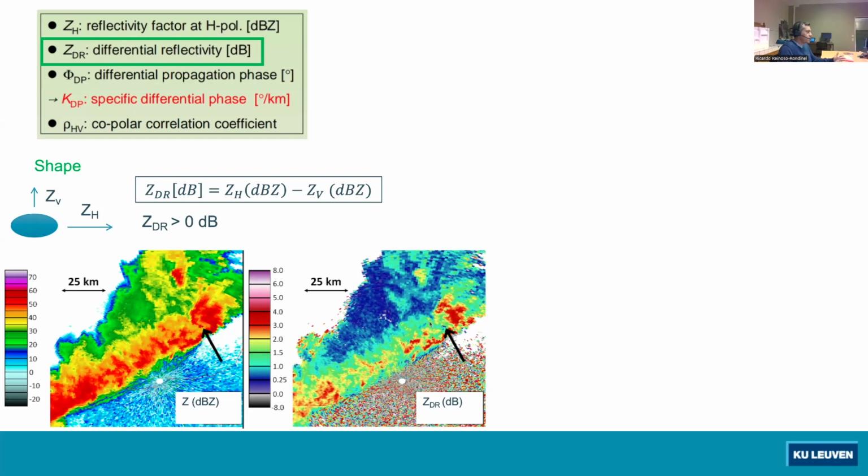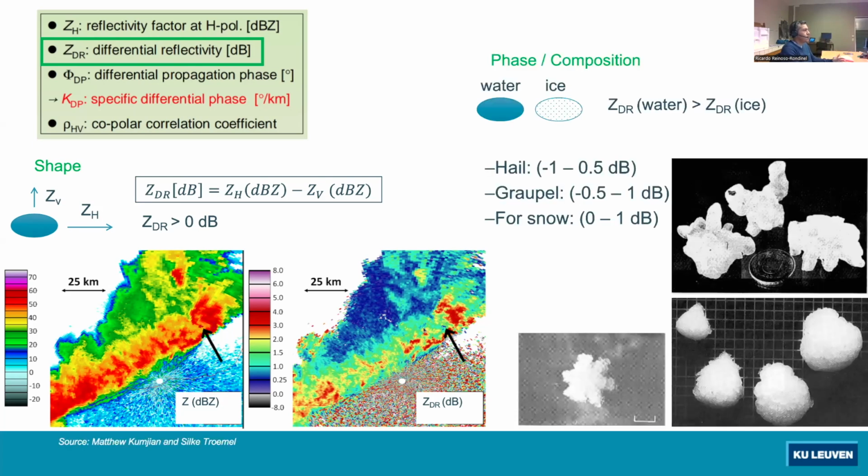And then you see which areas have bigger drops, and which areas have smaller drops. If you have a drop that is small and spherical, then the differential reflectivity will be 0, right? Because the power will be mostly identical in the horizontal and in the vertical axis.